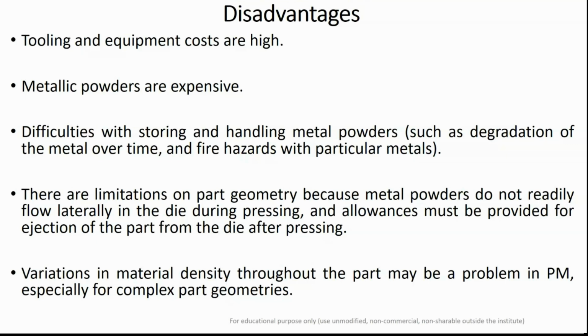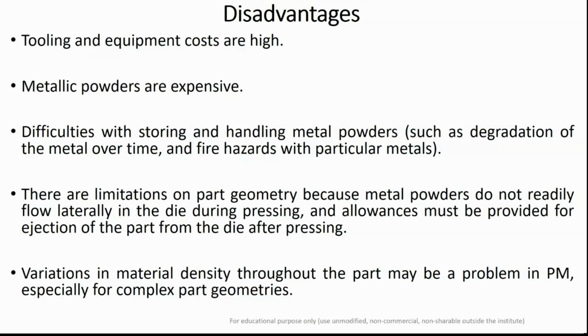Therefore allowances must be provided for easy ejection of the part from the die after the pressing. So you have to think very effectively about the part geometry, as well as the die design and the selection of the die material and the punch material. These are different parameters which you have to study in the research and development stage, basically in the part development stage.